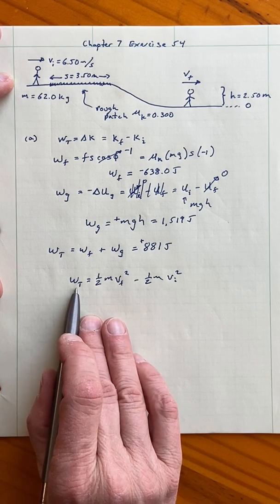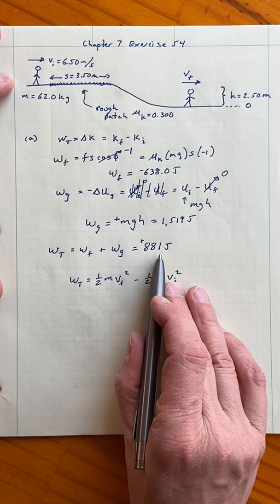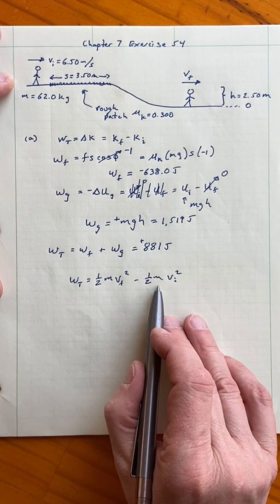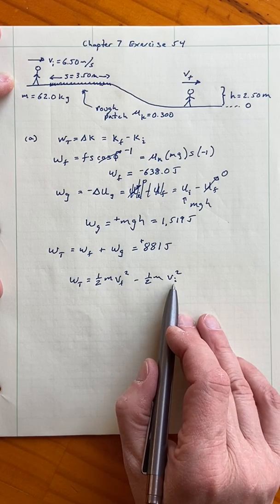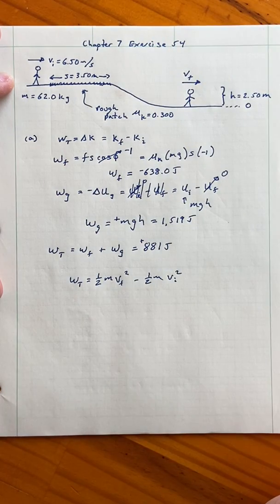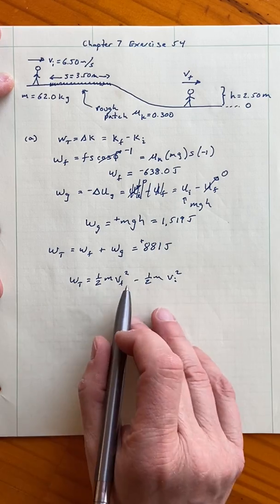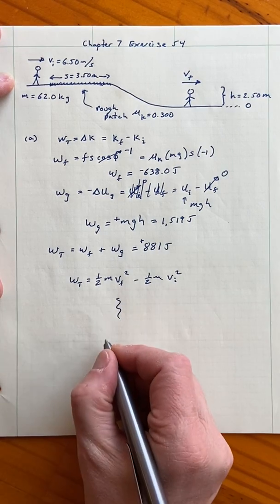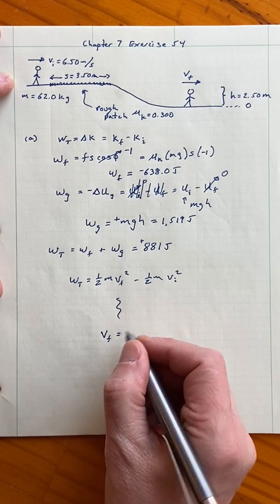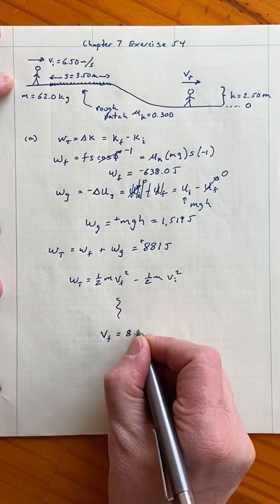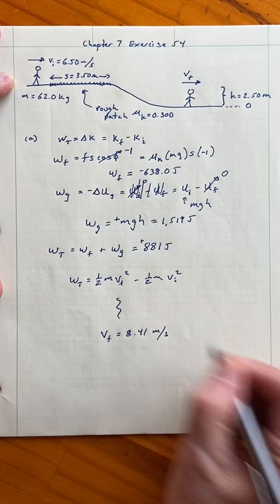The total work, 881 joules. The mass, 62 kilograms. And the initial velocity is 6.5 meters per second. Why don't you try to plug in the numbers and do the work and see if you can confirm that the final velocity after you do the arithmetic is 8.41 meters per second.